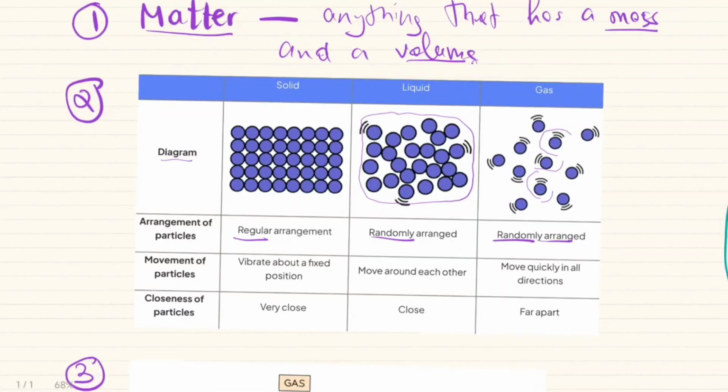And for movement of particles, solids can only vibrate about a fixed position. As they are really close to each other, they don't have enough space to travel. Liquids move around each other, while gases move quickly in all directions, as there is much more space than in the other two states.